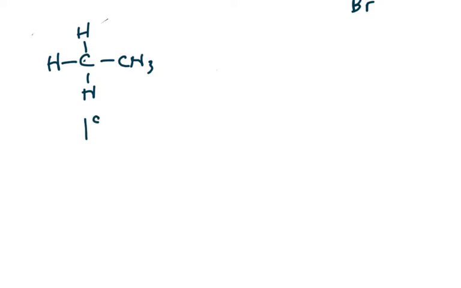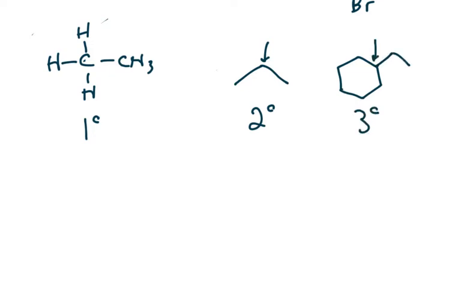If we have a carbon that's bonded to 2 carbons, like this one here, it is secondary. And if we have something that's bonded to 3 different carbons, like that one on the cyclohexane that we were looking at, this one here, we call this tertiary.